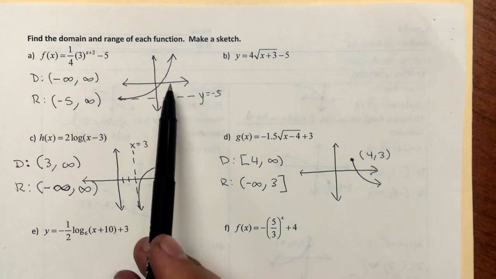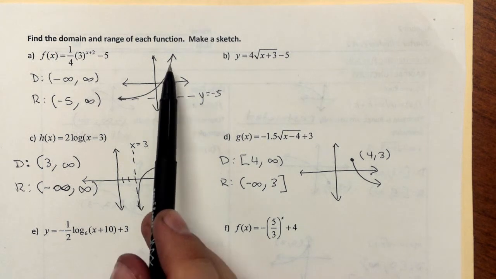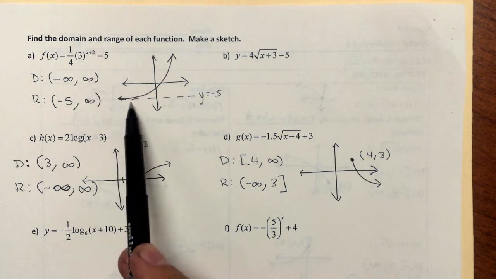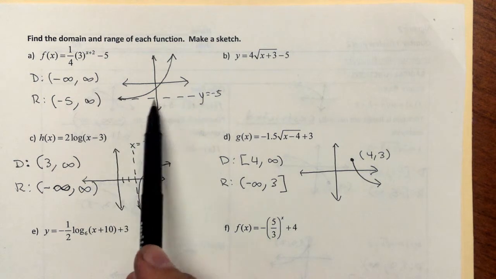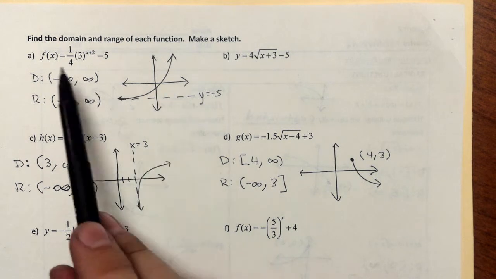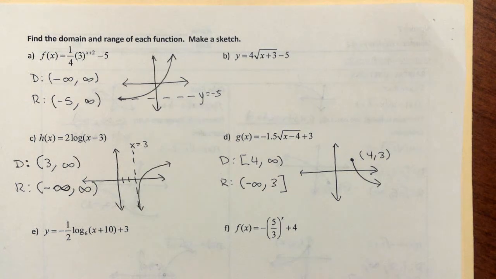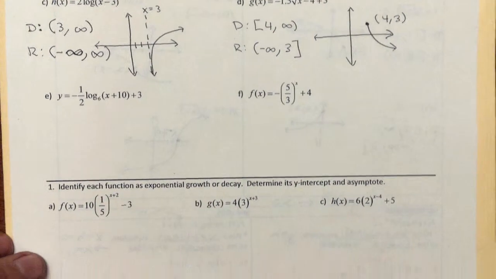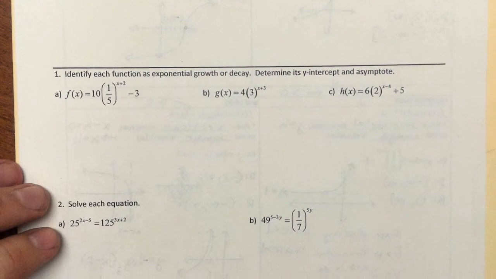Here I can see that as x approaches negative infinity, y approaches negative 5. As x approaches positive infinity, f of x approaches positive infinity. Think about stuff like that. Math is about understanding this stuff. All right, do a couple more examples right here, and then I'm going to call it a day.